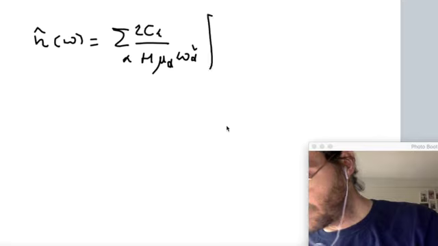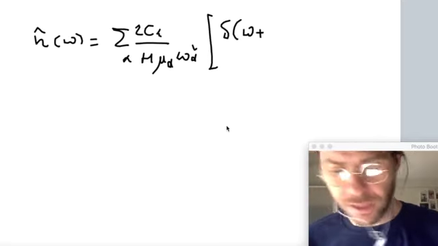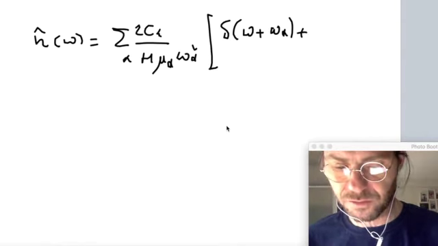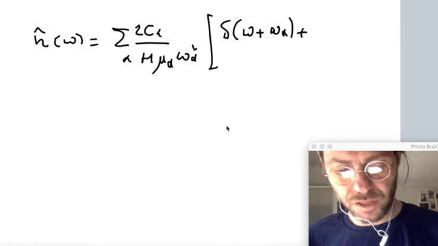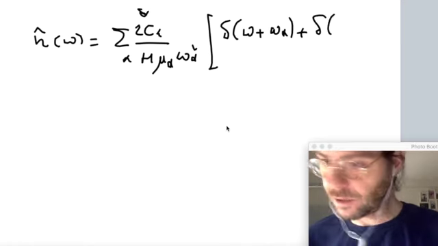What you can see here, the prefactor essentially determines the strength of the coupling of these fluctuations to the particle through this coupling constant.